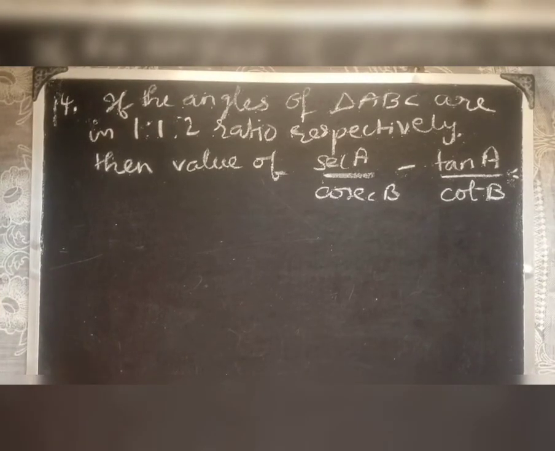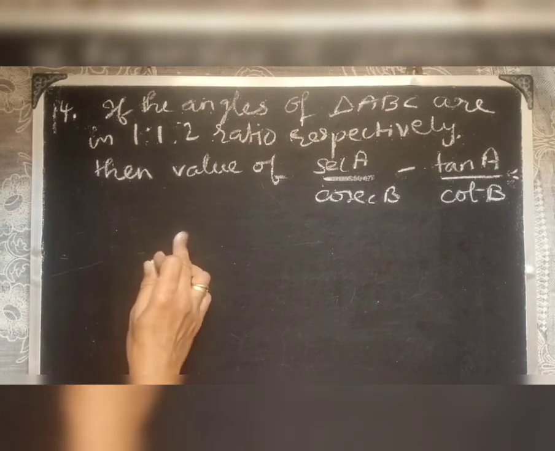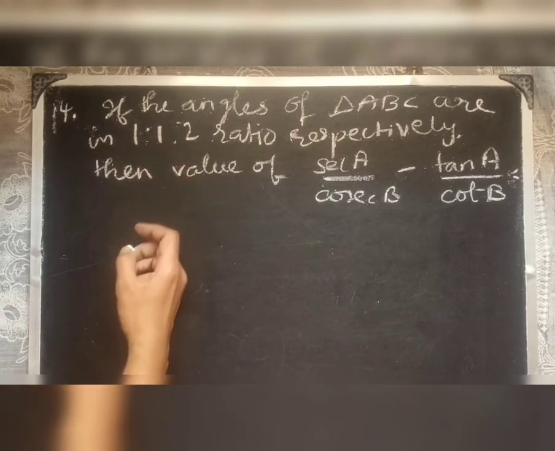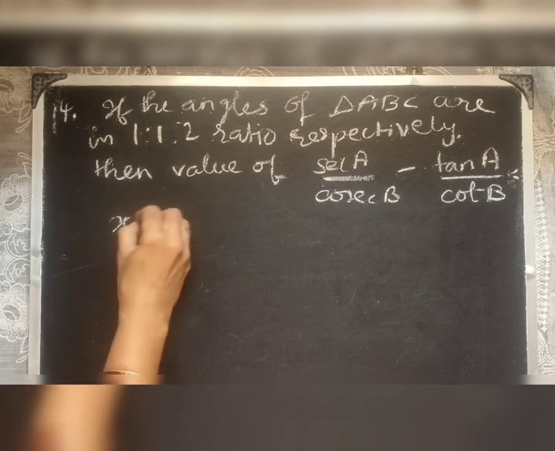If the angles of a triangle ABC are in the ratio 1:1:2 respectively, and given the largest angle being angle C, find the value of secant A by cosec B minus tan A by cot B. First of all, the angles are in the ratio 1:1:2, and we know the sum of all the angles.